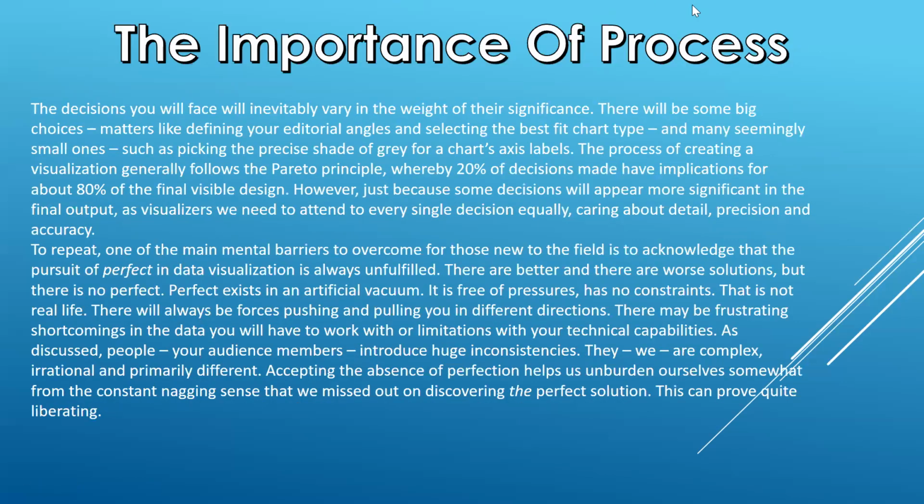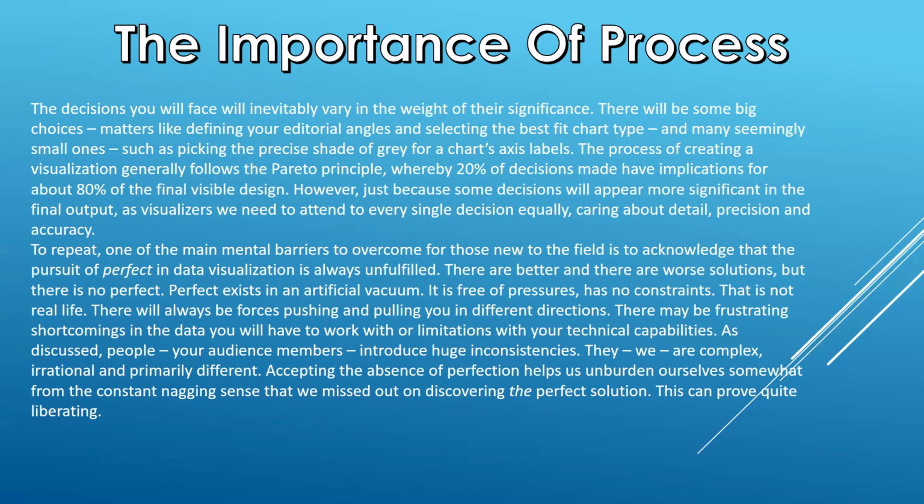So, what's the importance of the process? The decisions you will face will vary in the weight of their significance. There will be some big choices, like defining your editorial angles, or selecting the best-fit chart type, because that will be hard, even, to make the appropriate choice.